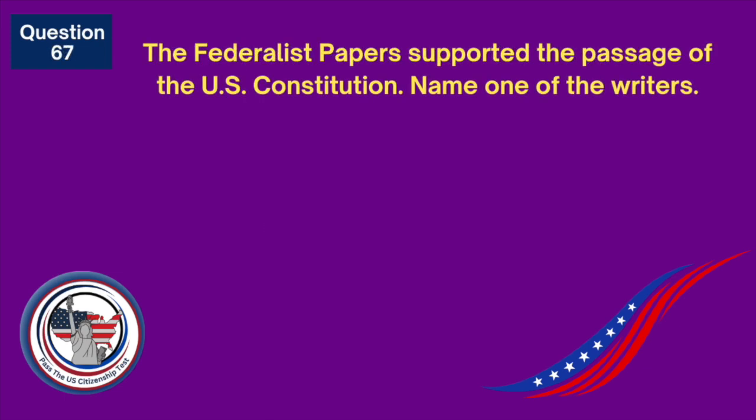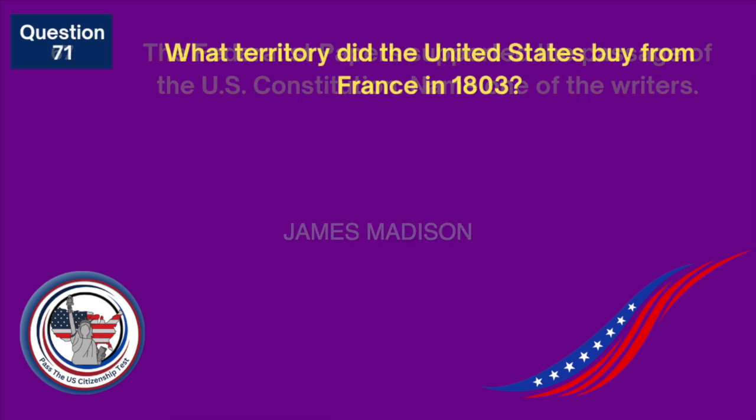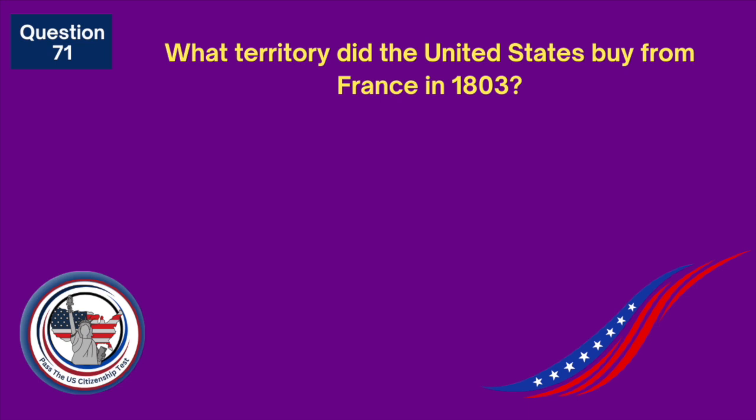The Federalist Papers supported the passage of the U.S. Constitution. Name one of the writers. James Madison. What territory did the United States buy from France in 1803?